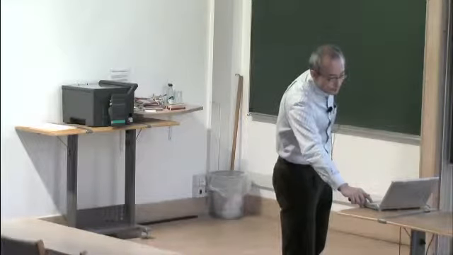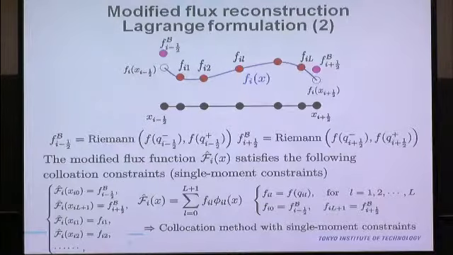Another Lagrangian formulation can be done even more efficiently. We just simply use the collocation idea. We know the values at two points, and we just connect these two points with the original values of the primary interpolation function.